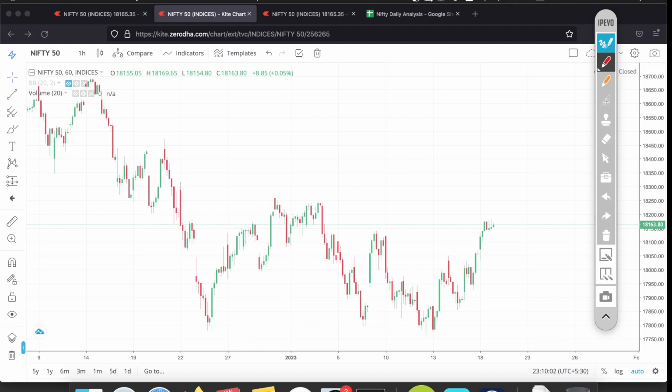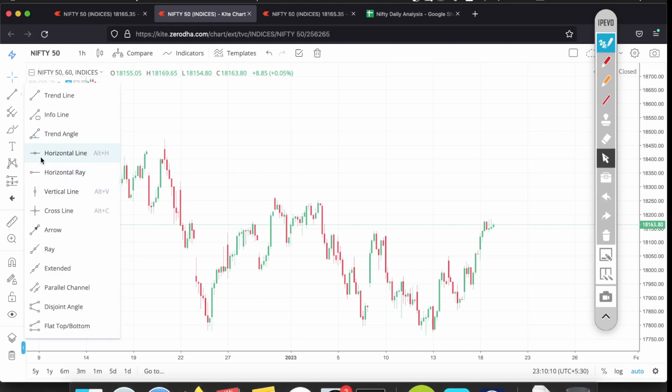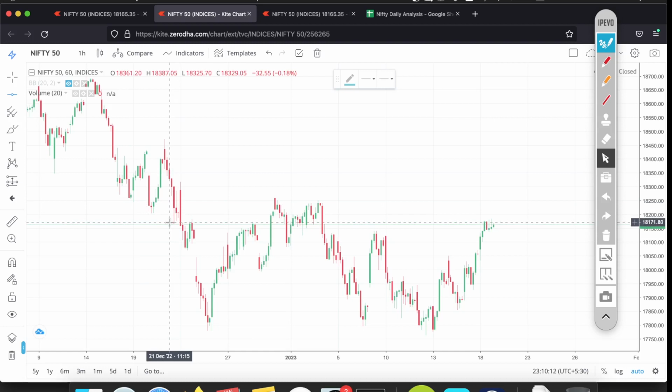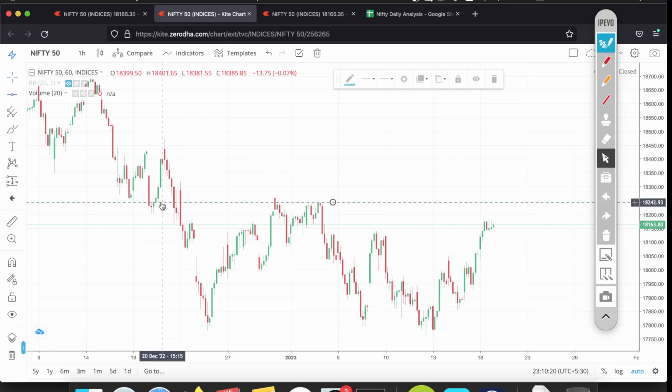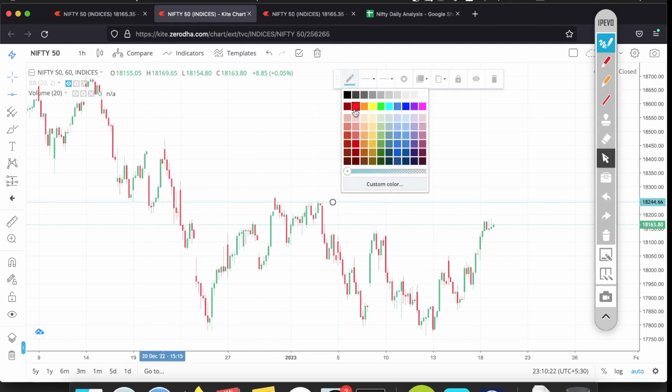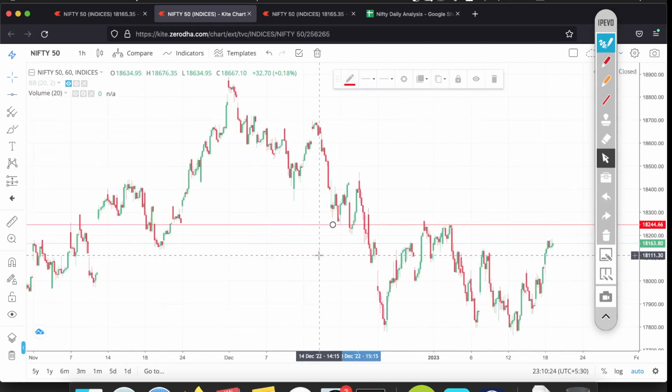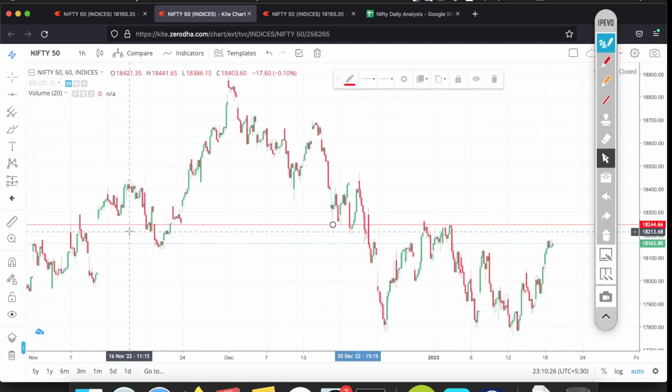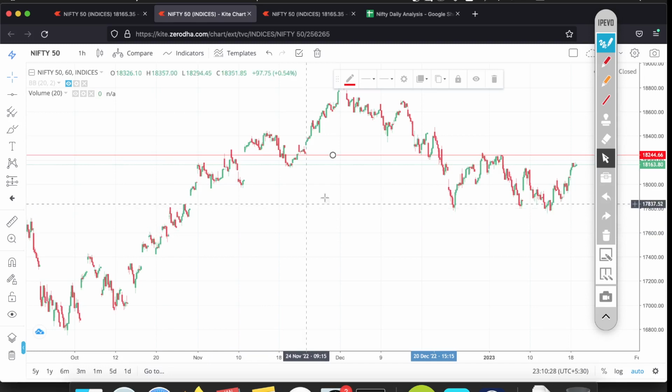Okay, let me draw a horizontal line. Which one? This one? No, not this one. This one, yes. So this is coming around 250, and that acted as a support.